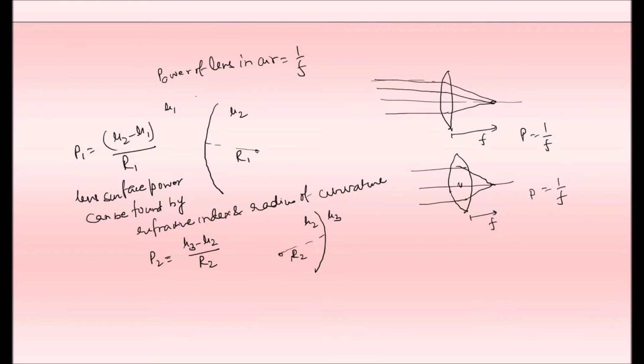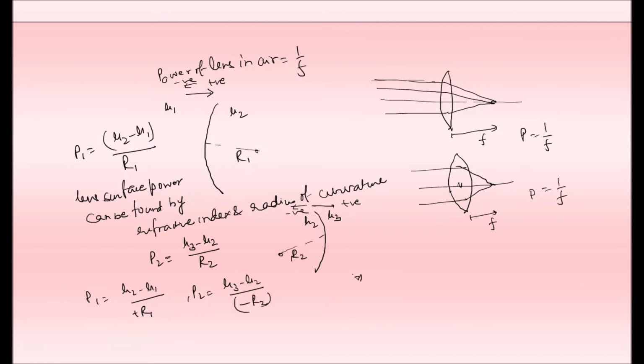So we consider the direction of incident light ray as positive. So if light ray goes in this way, then this direction is taken as positive, this direction will be negative, and here also this direction will be taken as positive and this direction will be taken as negative. So if we apply the sign convention, then power P1 is equal to mu2 minus mu1 by plus R1, and P2 is equal to mu3 minus mu2 divided by minus R2.